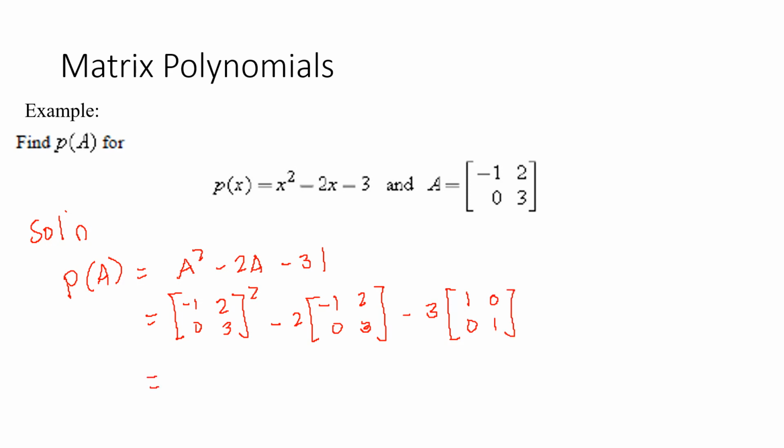So you have to square this one, which gives 1, 0, 4, 9, minus 2 times the matrix gives negative 2, 0, 4, 6, minus 3, 0, 0, 3.